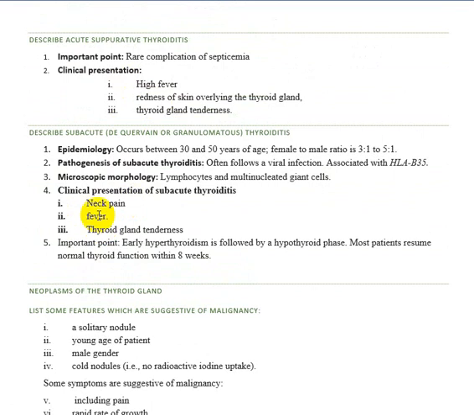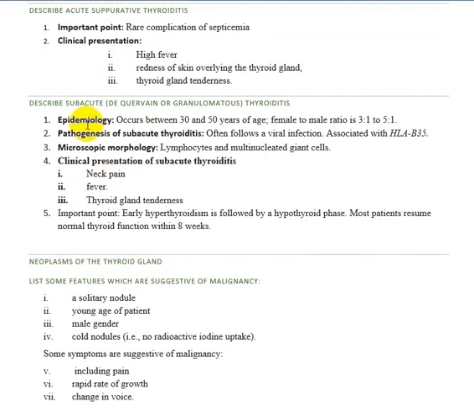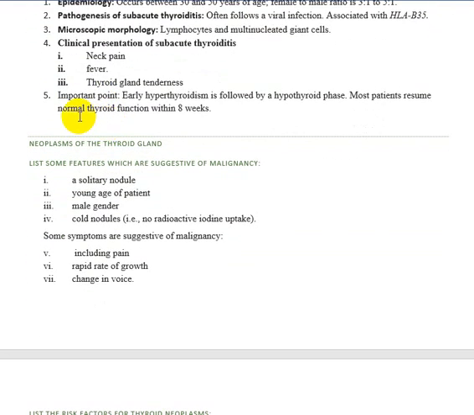You have fever, signs of hyperthyroidism. You have signs of hyperthyroidism plus neck pain plus thyroid gland tenderness, but the tenderness here is not so much. Now the main difference between acute and subacute one is on time. We see that acute is going to be very sudden, while subacute is going to take a very long period of time for it to be established.